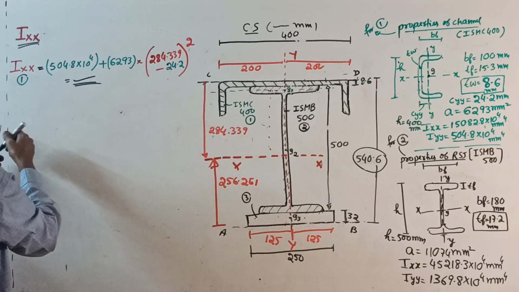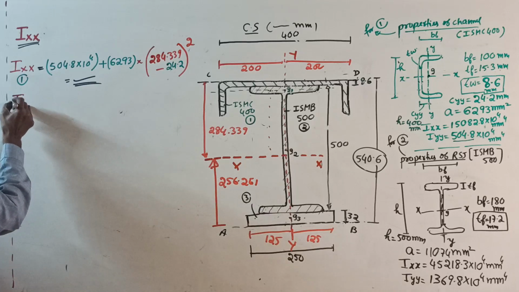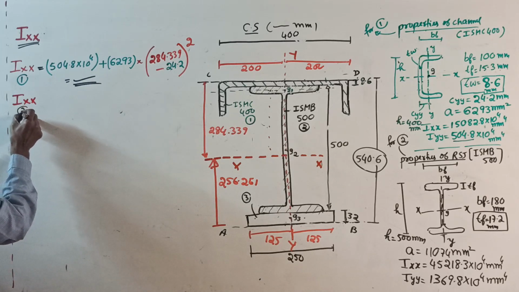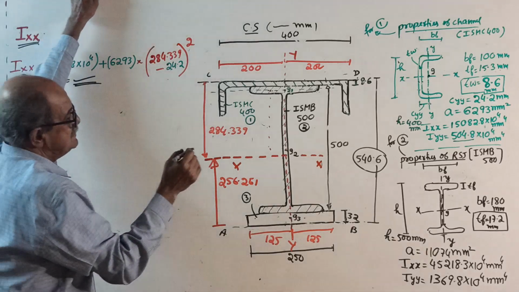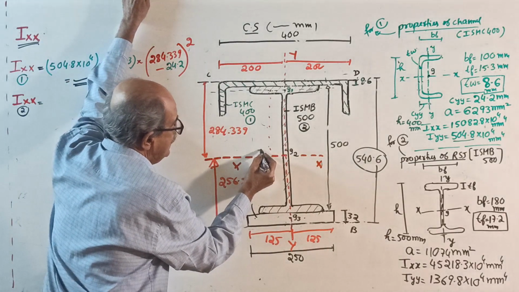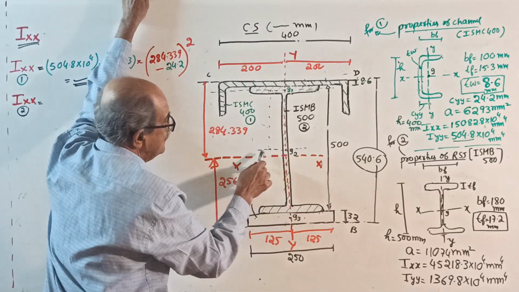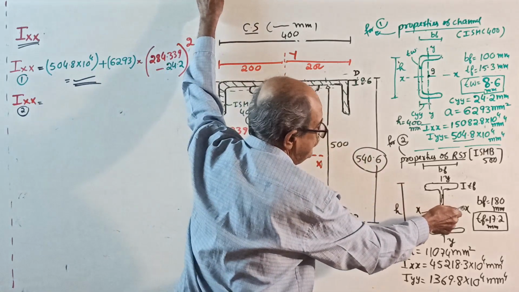Then calculate I about xx for the black color one. Now color is not required. 2 for 2. Start. First come to G2. I about its own centroidal axis parallel to xx, this axis is nothing but this axis.